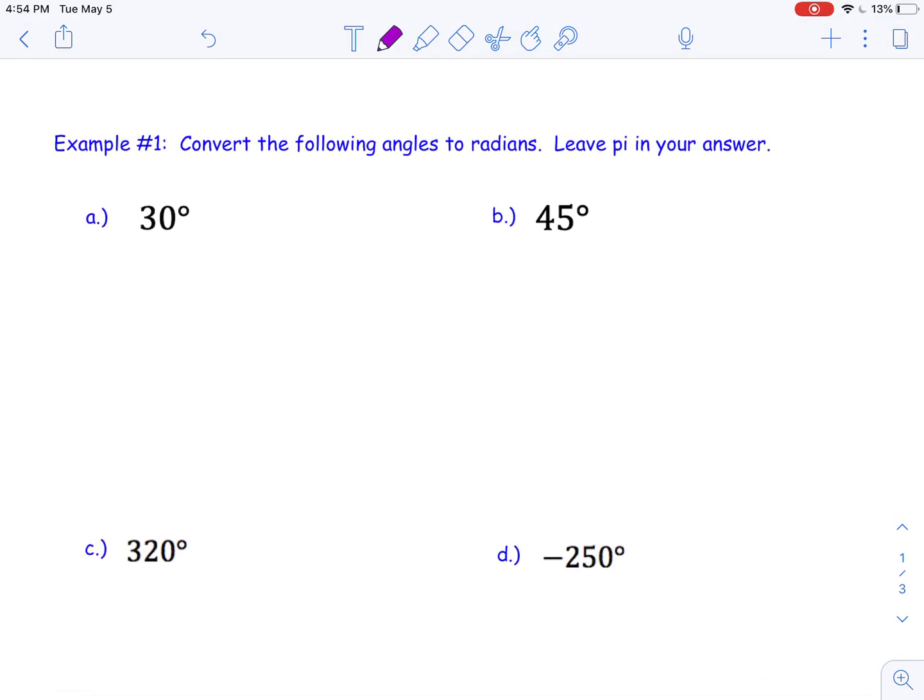So we'll do two different examples. Here, the first example, we're going from degrees to radians. So we need to multiply by pi over 180. And you want to leave pi in your answer. So what does this look like?